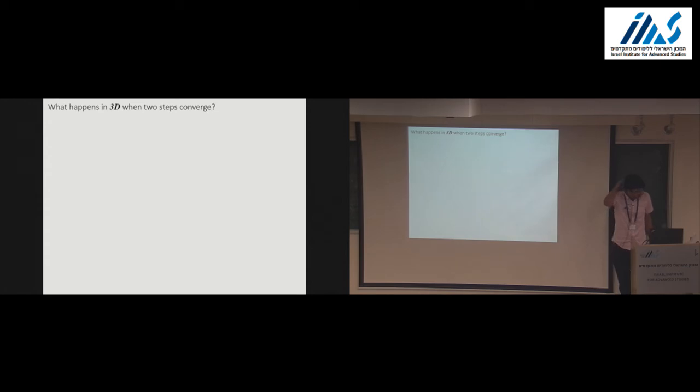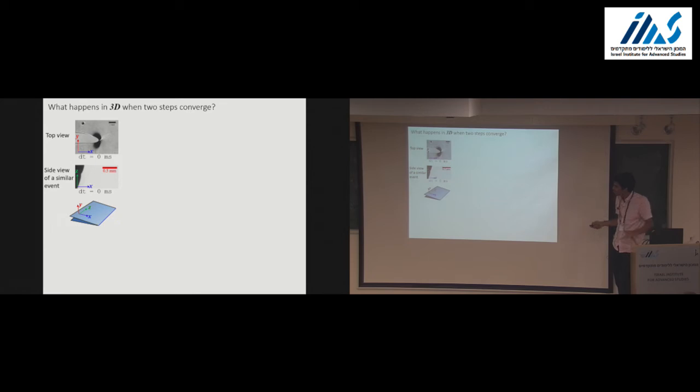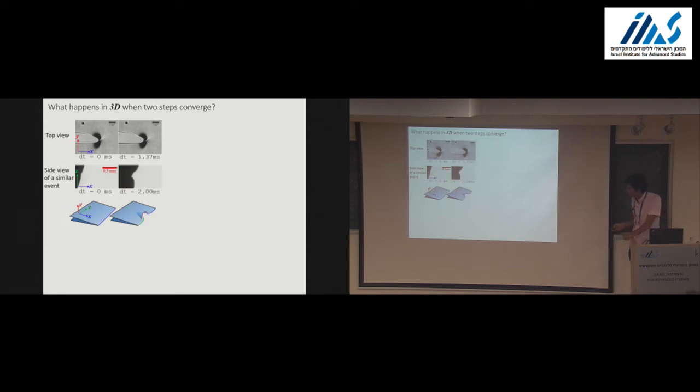So for the last slide, I'd like to tell you a little bit what we think happens in 3D when two steps converge during microbranching. Here you see a crack before a microbranching event from the top. Here you see the crack front in a similar event, and this is the 3D picture.